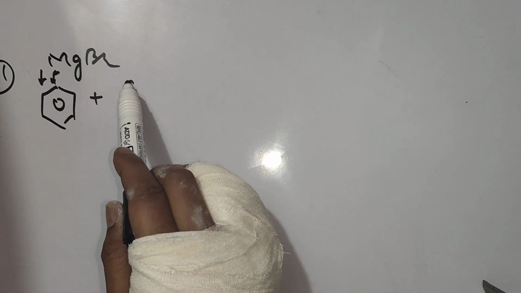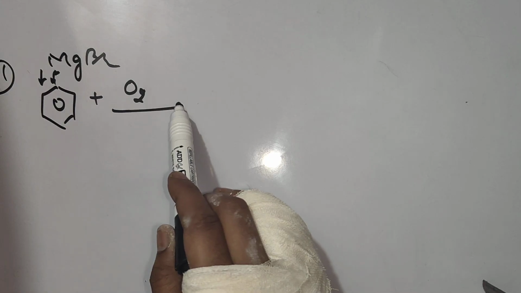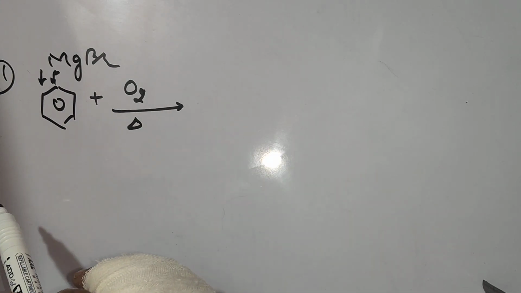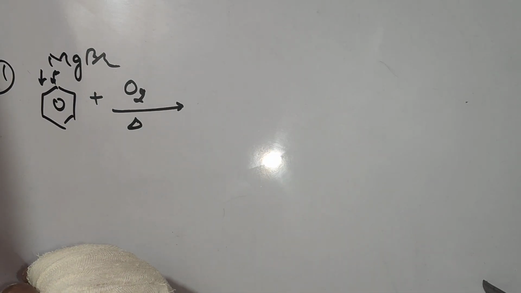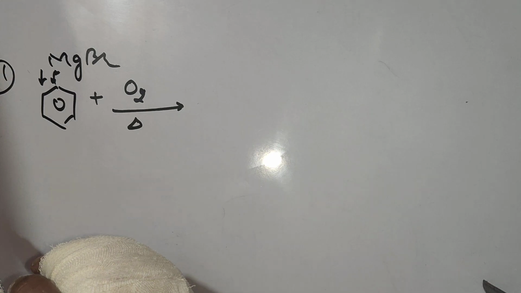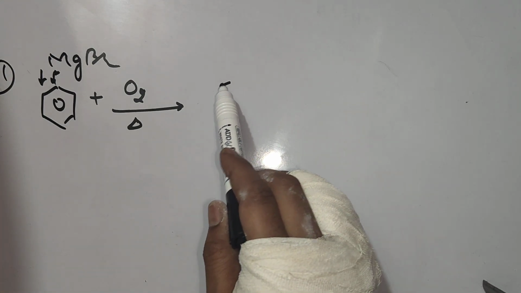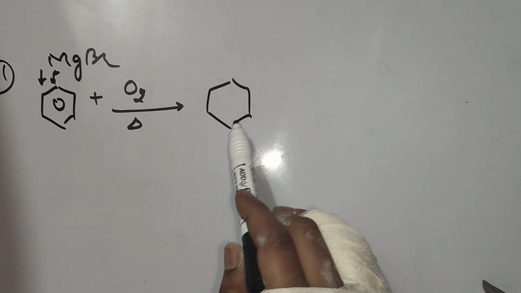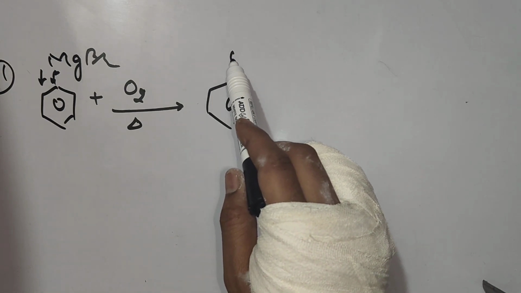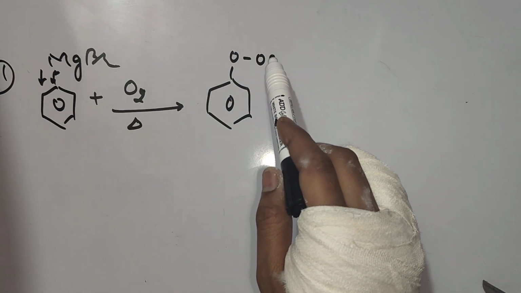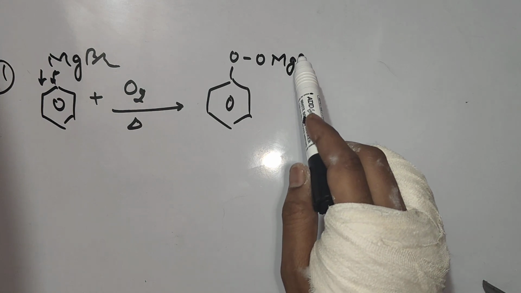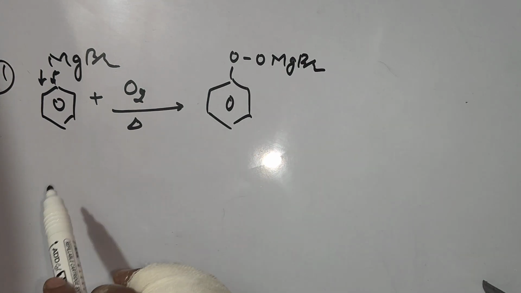We will pass oxygen gas from it and heat. Liquid magnesium bromide will be there, phenyl magnesium bromide will be there. We are going to heat it with oxygen. So first, this intermediate will generate this one.